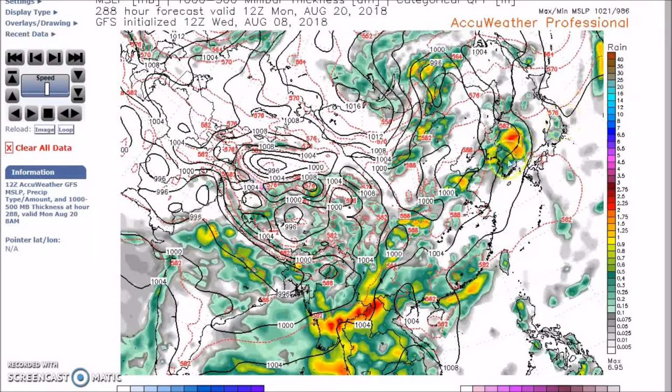And there it goes, recurving here. Now this energy is supposed to go all the way into Alaska, and this would possibly have implications for the flow across North America. So this would favor a trough here in the east.